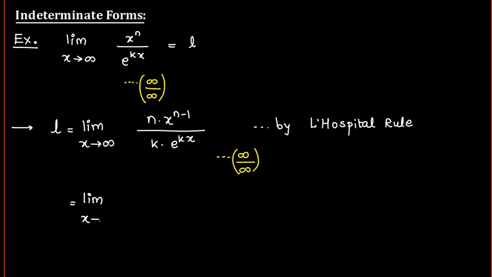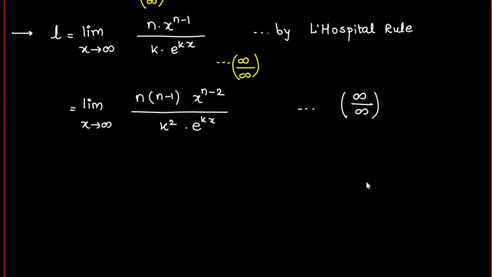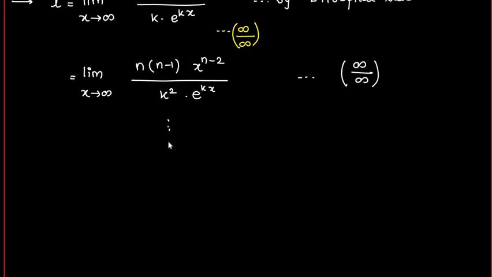Again applying the same, we get n into n minus 1, x raised to n minus 2 upon k square e raised to kx. Again, substituting the limits, we get an indeterminate form. So we continue this process till we get a non-indeterminate form. If you differentiate the function n times, then we get n factorial. The nth derivative of the denominator will be k raised to n into e raised to kx.